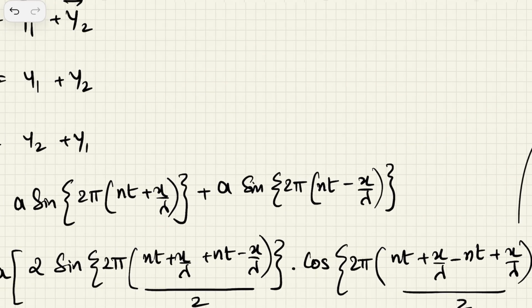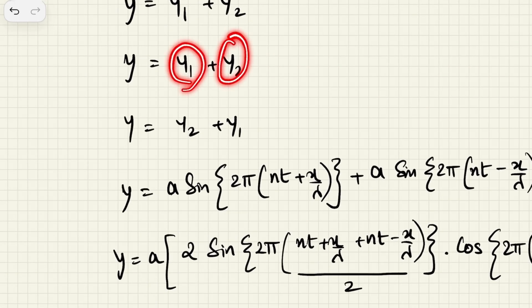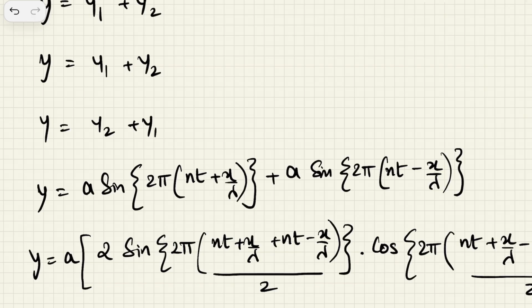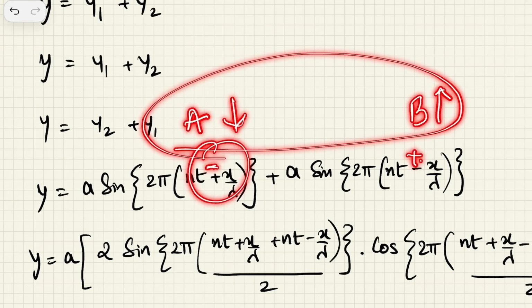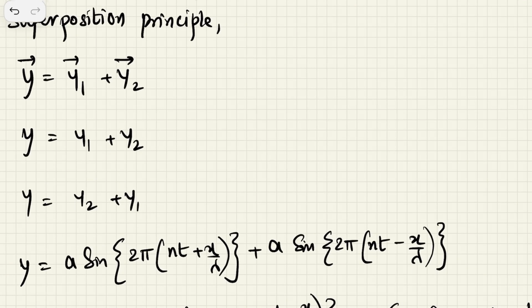If I had taken y1 plus y2 and applied that formula, this would have been minus and this would have been plus, which would have made angle B bigger and angle A smaller, and then that formula would not have been applicable. So in order to apply that formula, angle A should be greater than angle B. That's the reason why I have written it the other way, y2 plus y1, and solved it.